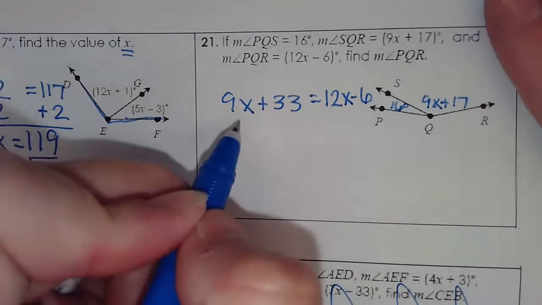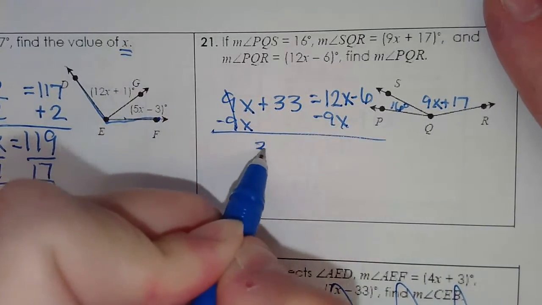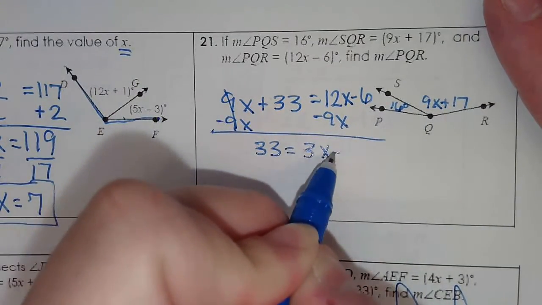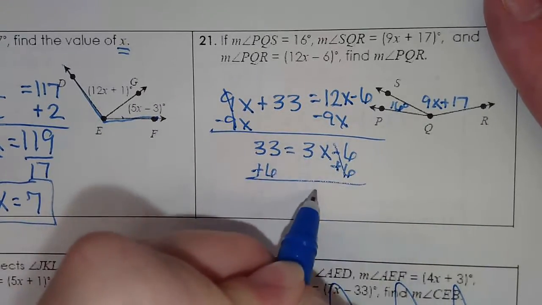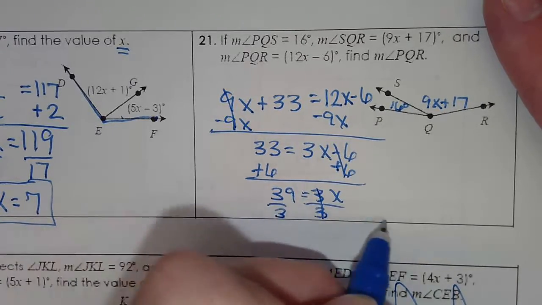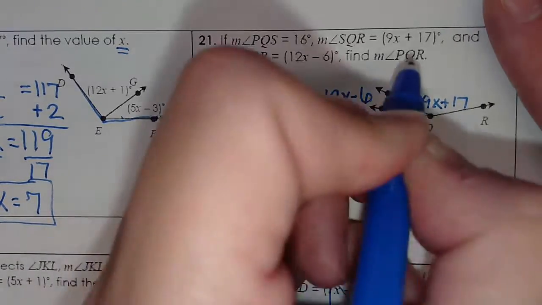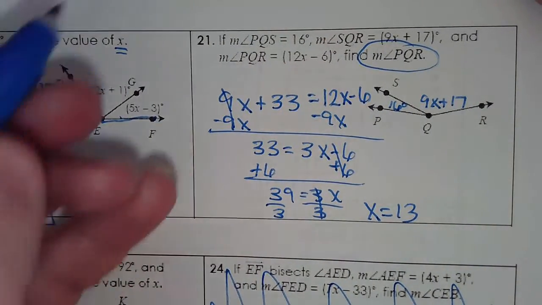So then to solve, I'm going to subtract 9x. 33 equals 3x minus 6. Add 6. 3x equals 39. And then divide by 3. And I get x equals 13, which is not what they wanted. They want PQR.